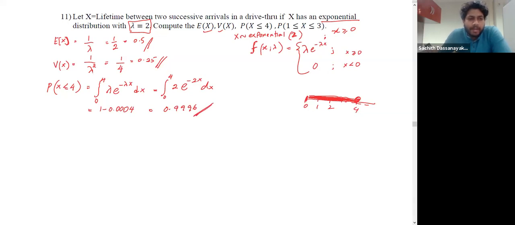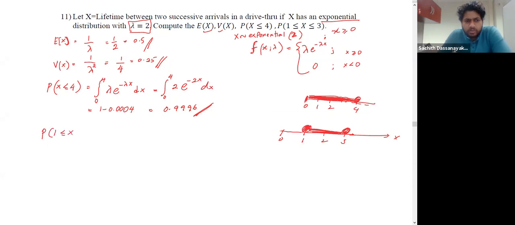Same thing you have to do. The next one asks for the probability of x between 1 and 3. So 1 is here, 2, 3. Including or not including 1 and 3 doesn't matter because this is a continuous case. You have to get this probability; 0 is here, and whatever is on this side are x values. To get this probability, again you have to integrate within that interval.